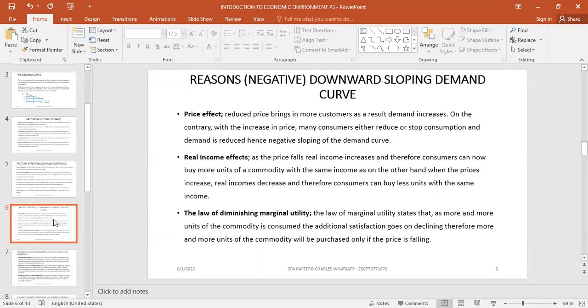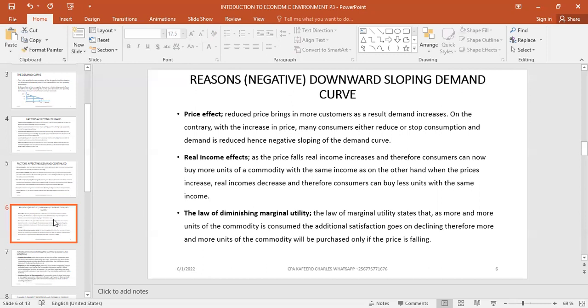The third one, we can talk about the law of marginal utility. This one we shall talk about later, and we'll draw some of the diagrams representing the total utility, marginal utility, and everything. But as for now, allow me to explain something small so that you get to know the concept when we explain it further in the preceding videos.